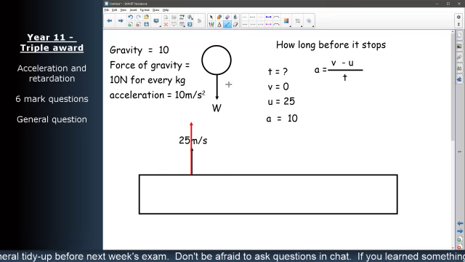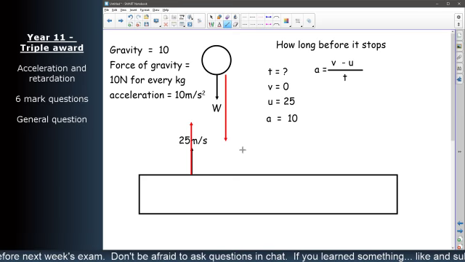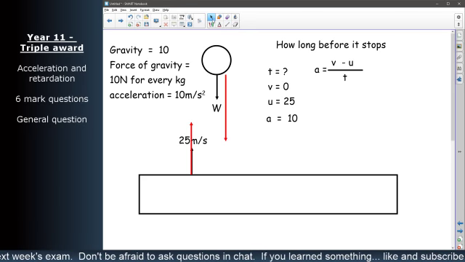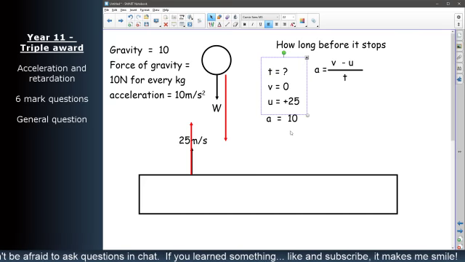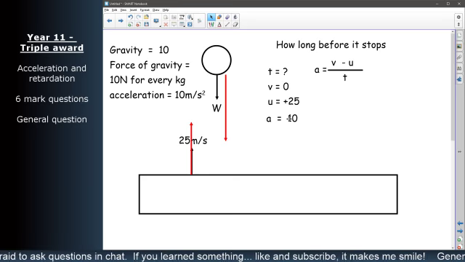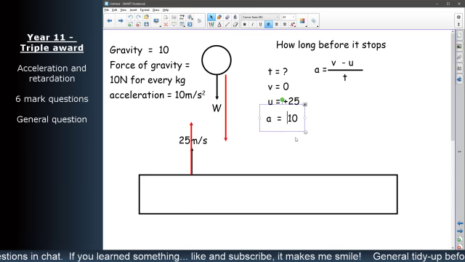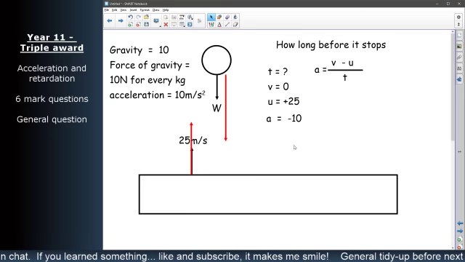And our acceleration has to be in the direction of the force, which is in the downward direction. And because these are vectors, upwards and downwards matters. Now I've written u as 25, which is mathematically plus 25. So I've set upwards as positive. So my acceleration has to be negative 10 because it's in the opposite direction to that initial speed. Okay, it's backward.